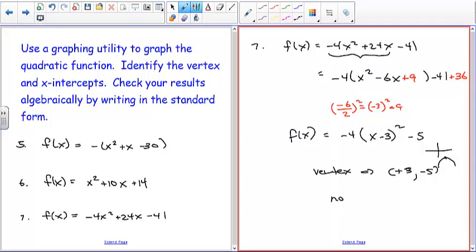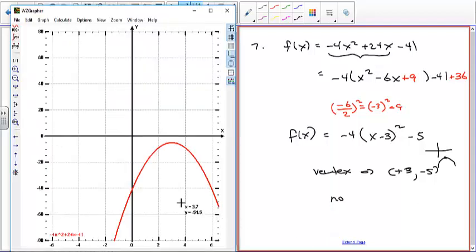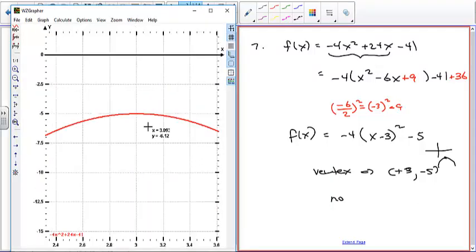So now we can compare that with our graph. If we zoom in on the vertex, it's right here, which is x equals positive 3, y equals negative 5, and it has a y-intercept of negative 41.